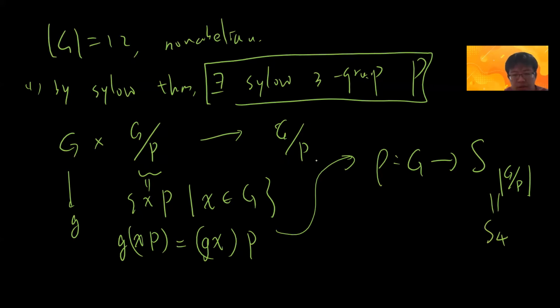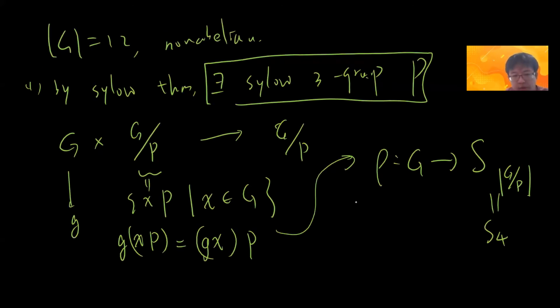So we have a group homomorphism rho from G to S4. Notice that we have a kernel, which is a subgroup of G, and it is a normal subgroup.